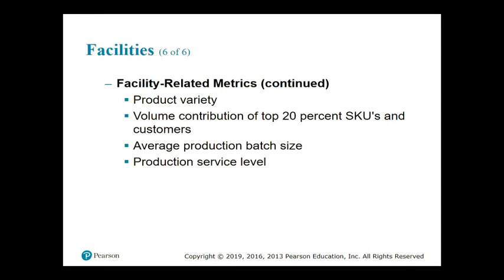And production service level is the fraction of production orders that are fulfilled on time and in full. And so usually we set a target for production service level ahead of time, 90% or 95%.